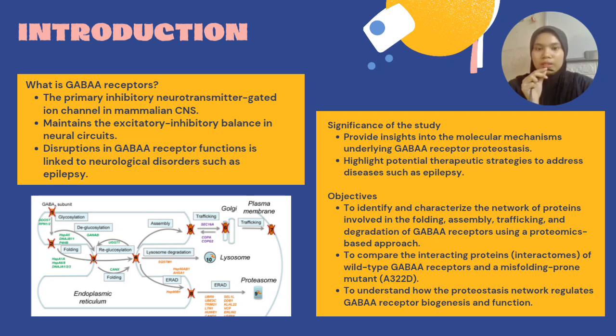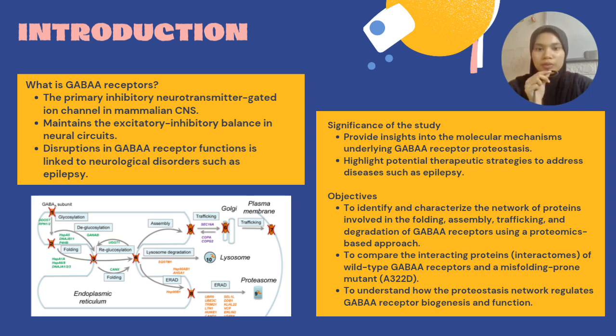Below here, we've also attached the diagram showing the GABA-A receptor proteostasis network. The diagram illustrates the pathway regulating the folding, assembly, trafficking, and degradation of GABA-A receptors within the cell, emphasizing their biogenesis in the endoplasmic reticulum. Firstly, the individual subunits of GABA-A receptors fold in the endoplasmic reticulum.